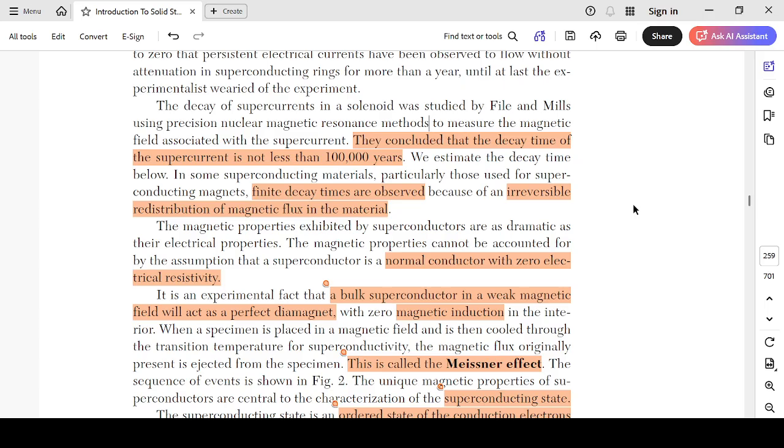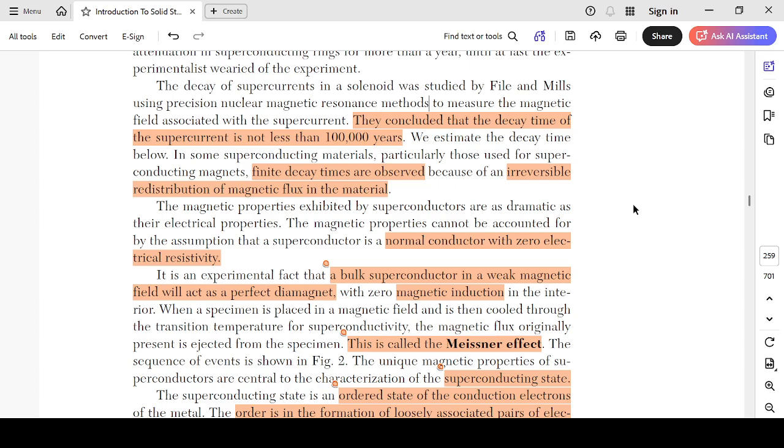This redistribution of the magnetic flux through the material is irreversible, and due to this redistribution of magnetic flux, the decay time becomes finite. So this was another experimental observation, that the decay time is observed to be finite.